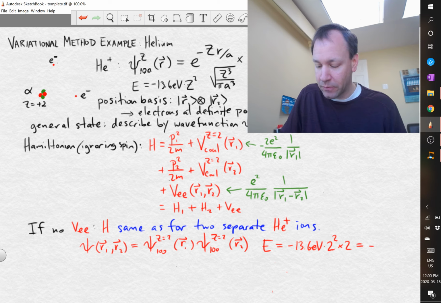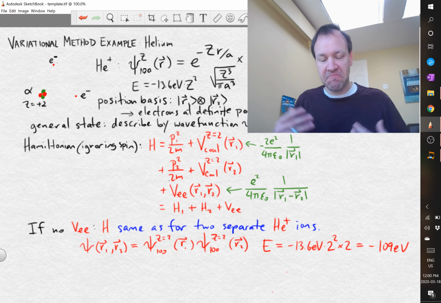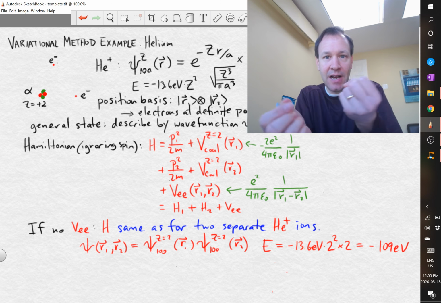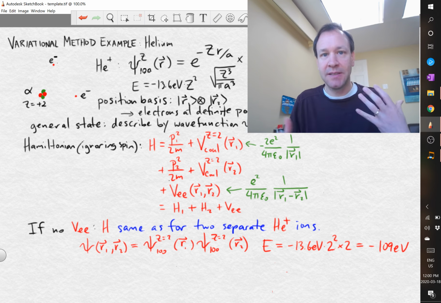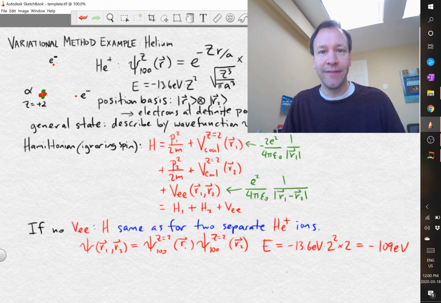That works out to minus 109 electron volts. Now you might think that would be a decent approximation to the actual energy of the helium atom. Maybe the interaction between the two electrons is a small perturbation, and we could do perturbation theory to understand its effects.